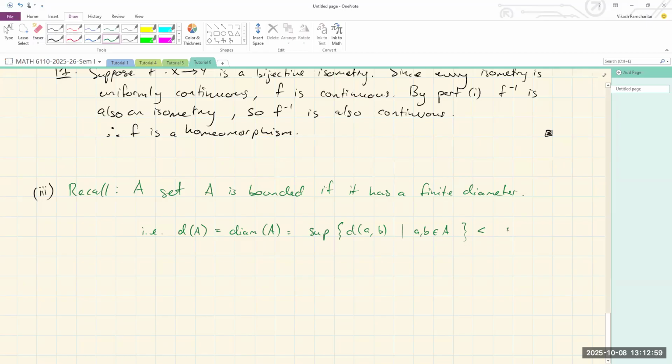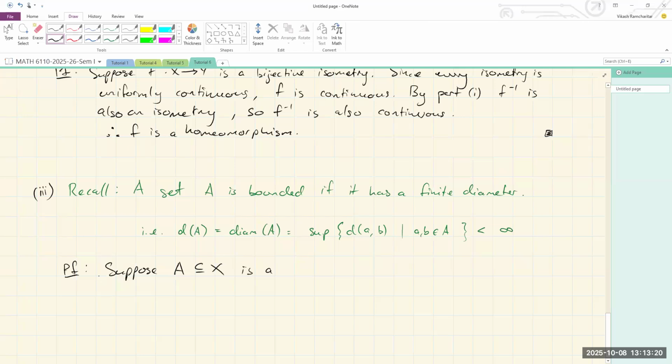And this has to be finite. All right, so now we say suppose A, which is in X, is a bounded set. So it's an if and only if.